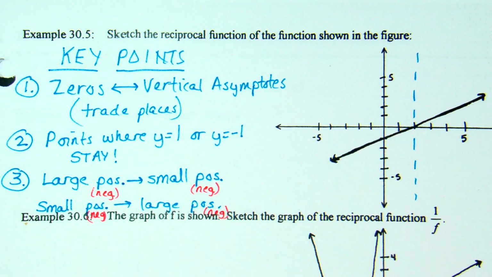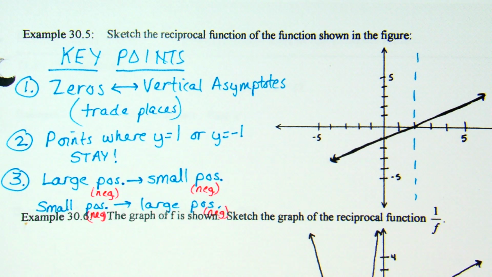So when I draw, I'm just drawing on the same graph here. Okay, that is now going to be a vertical asymptote. There were no asymptotes originally, so there's not going to be any zeros in my graph, which means my graph will never touch the x-axis. Okay. Points where y equals 1 or y equals negative 1 stay.